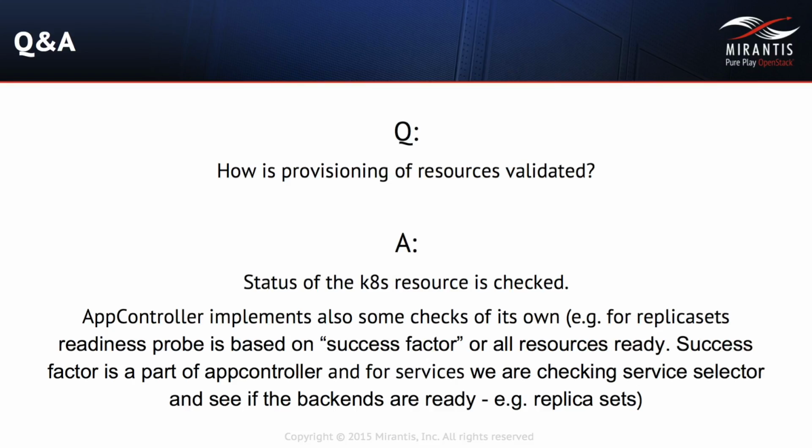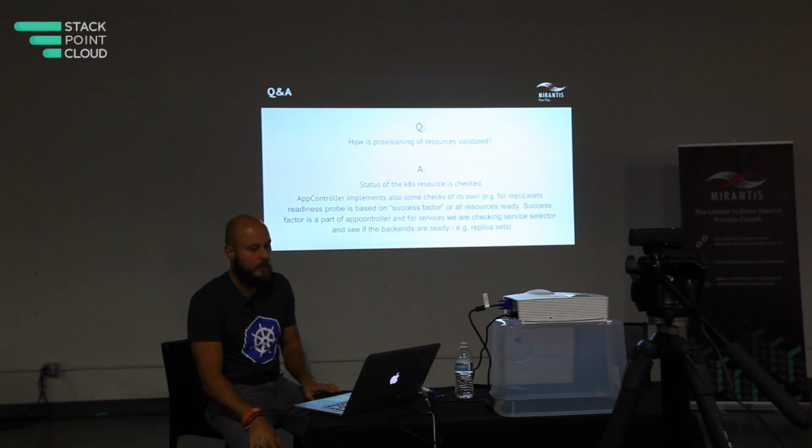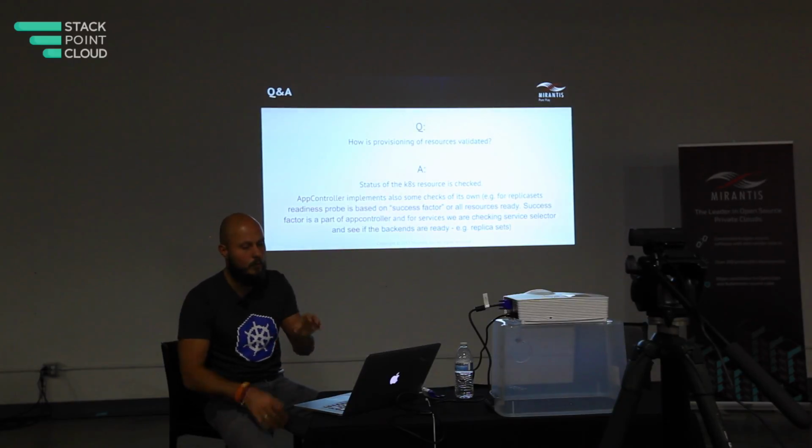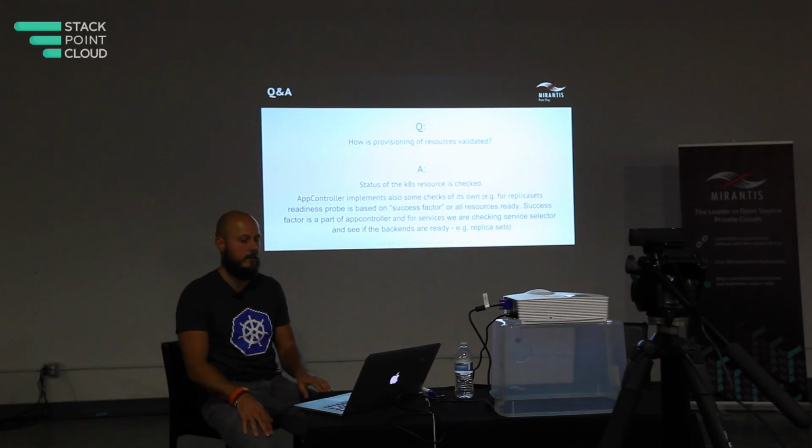How is provisioning of resources validated? The question is basically, if I provision a Kubernetes secret, how will AppController know that it's provisioned in order to continue with the next element of the graph? We read the statuses mostly from Kubernetes resources. Once Kubernetes announces a resource as provisioned, we continue with the next element of the graph.